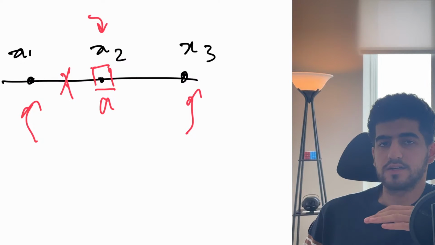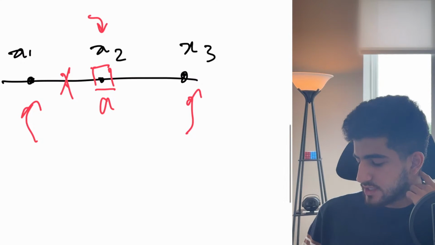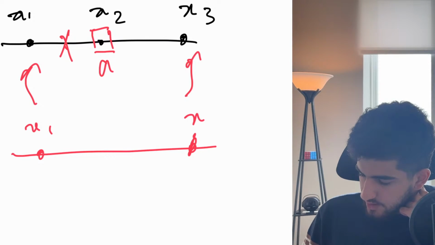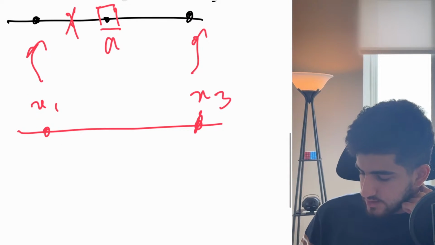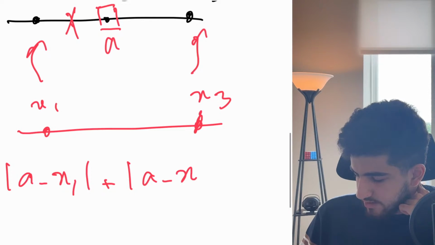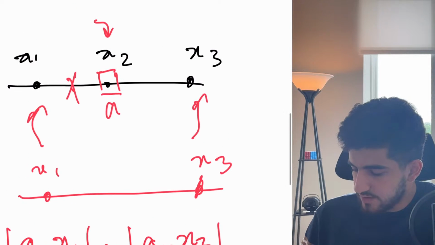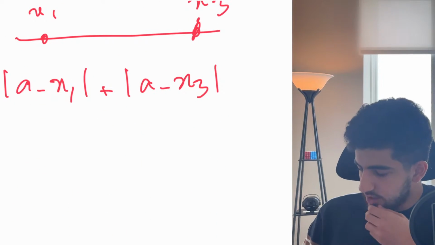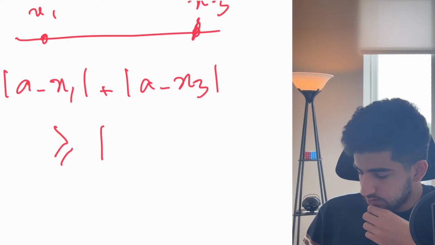I mean, the answer cannot be less than this. Because wherever a will be, you have x1 and x3 in these 2 points. Wherever a is, assume that I've sorted them, the distance from a to x1 plus the distance from a to x3 is always greater than or equal to the distance between x3 and x1.